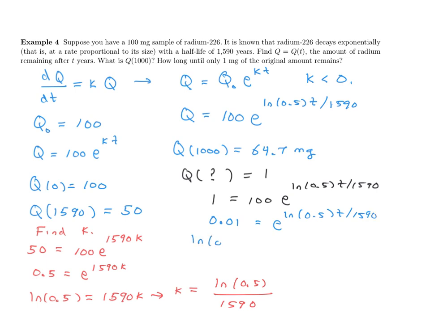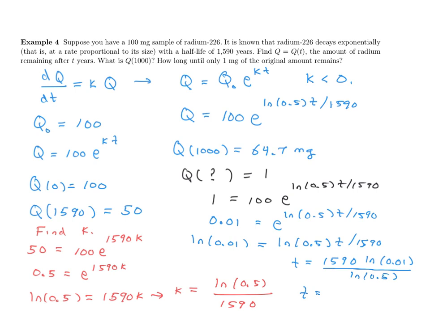Taking the natural log of both sides gives me this. I will multiply the 1,590 to the other side and divide by the natural log of 0.5, which will solve for t. T is equal to, I multiply both sides by 1,590. The natural log of 0.01 was already there, and I'm dividing by the natural log of 0.5.